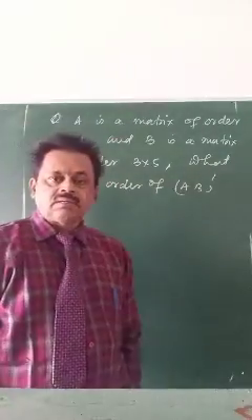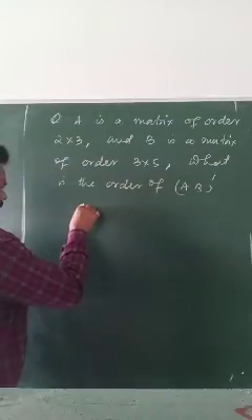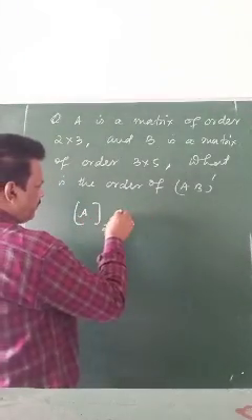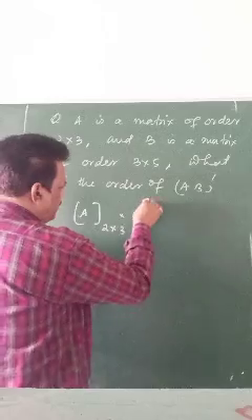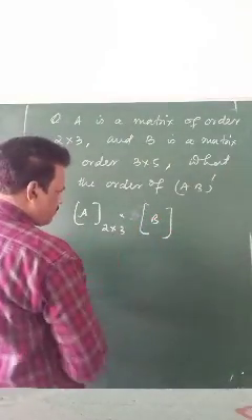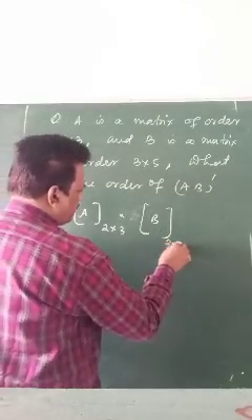Interesting. Look, A is a matrix of order 2 cross 3, B is a matrix of order 3 cross 5.